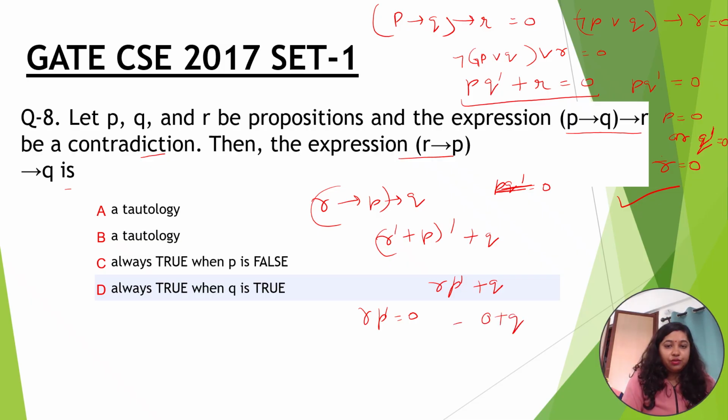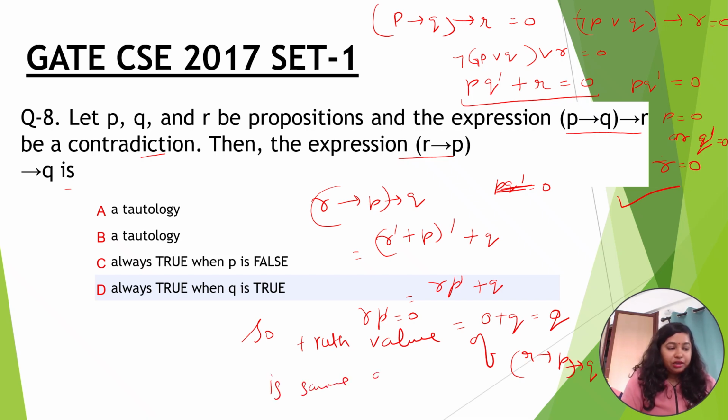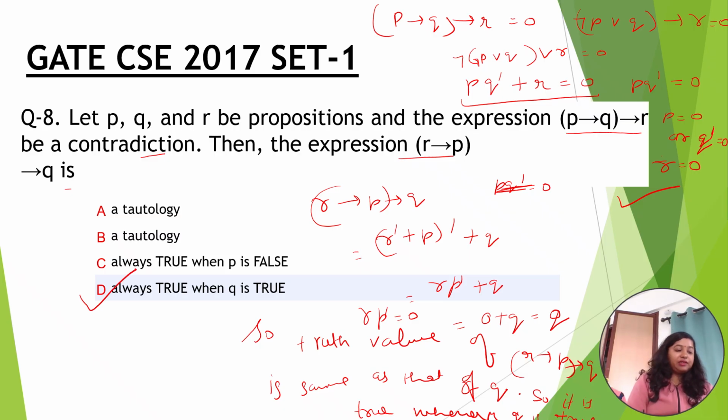Zero plus Q is equal to Q. So truth value of R gives P gives Q is same as that of Q. So it is true whenever Q is true. Okay, so this option D is correct.